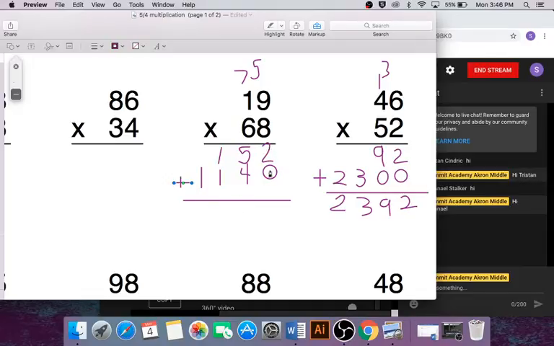We add them together. So we have 2 plus 0 is 2. 5 plus 4 is 9. 1 plus 1 is 2. And then 0 plus 1 is 1. So our answer is 1,292.